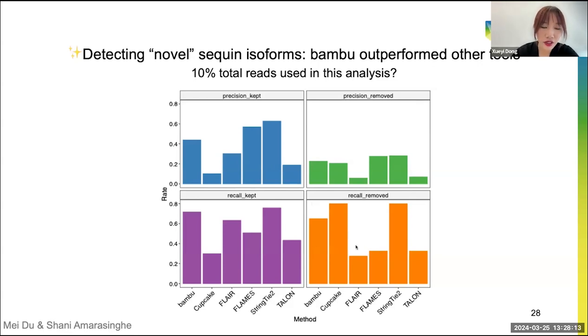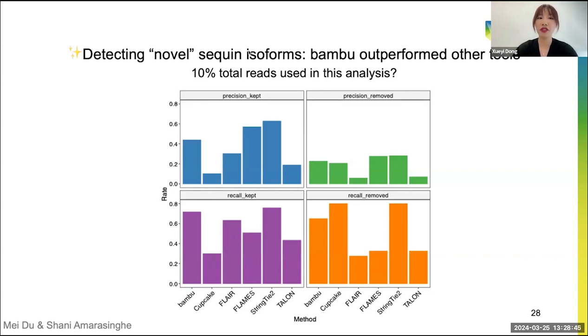And here we also found out that Bambu and StringTie2 are outperforming the other tools by having a higher precision for both the kept and the removed transcripts in the sequins. In this analysis, we found out that Cupcake seems to have a low precision and recall.